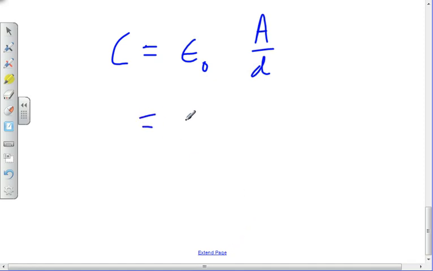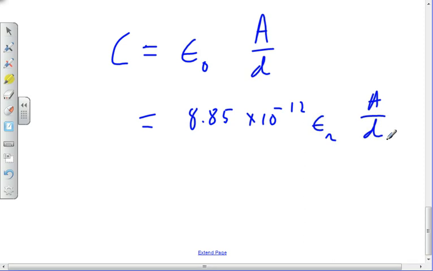The book calls it 8.85 times 10 to the minus 12th, epsilon relative A divided by D. What's epsilon naught anyway? Without my physics book, I wouldn't know. Epsilon relative is the relative permittivity of the dielectric.